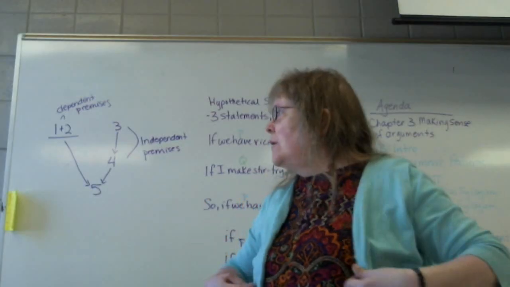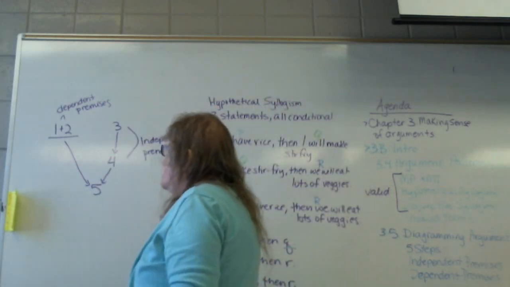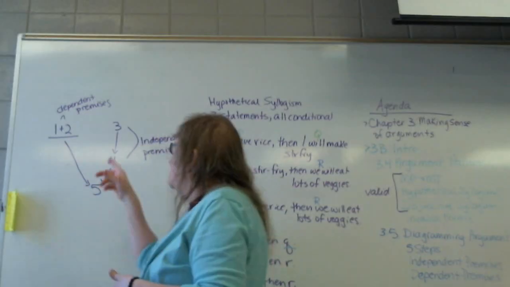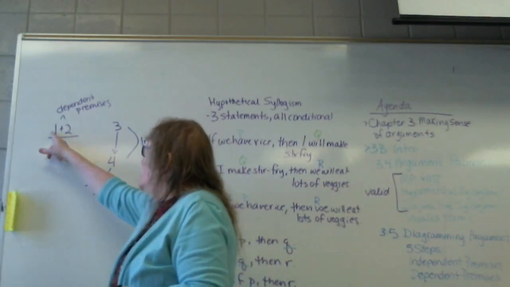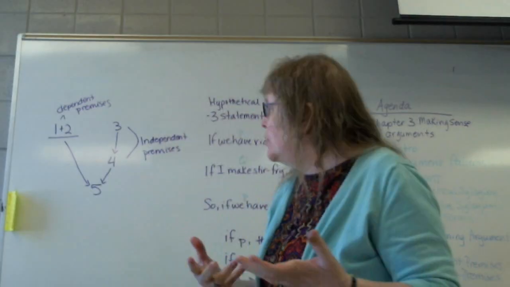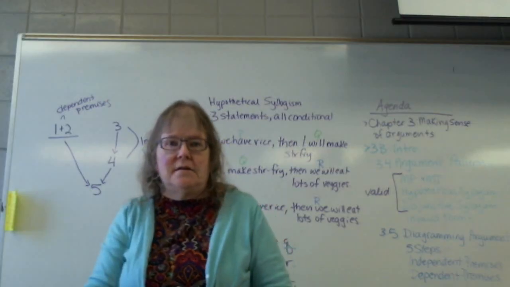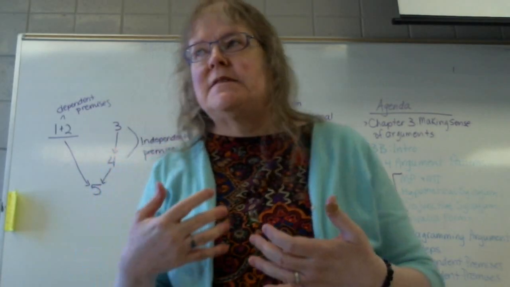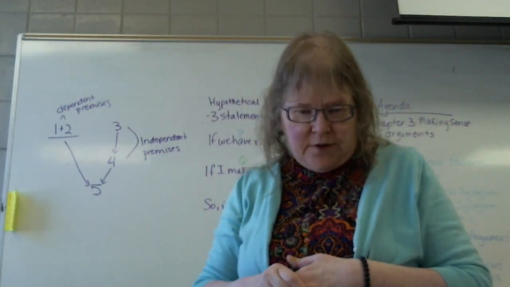If I took number 3 out, you would still have all the others. The argument would not be affected except for losing that information, okay? Now, if sentence 1 was unfounded and we had to delete it, we're not sure if number 2 would still be able to stand. It depends a lot upon what the actual argument is. Sometimes it just weakens it, sometimes it negates it altogether when you get rid of the other one, okay?